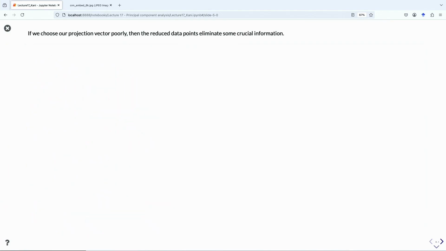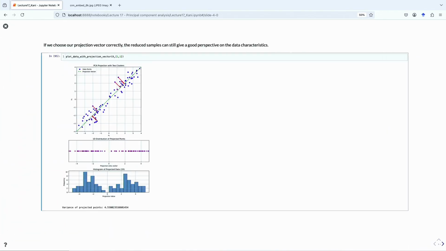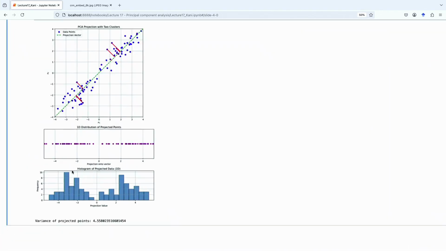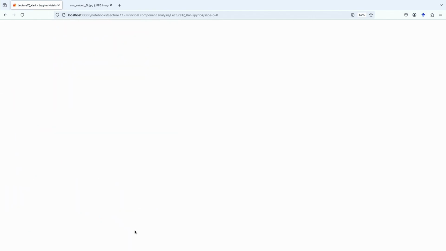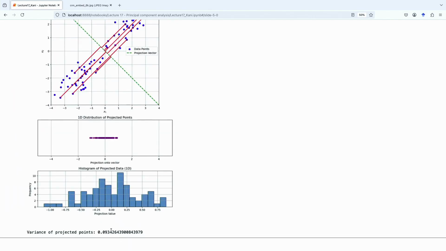Well, if we look at the two 1D distributions here, this 1D distribution of projected points has a variance of 4.56, and this 1D distribution has a variance of 0.1-ish.